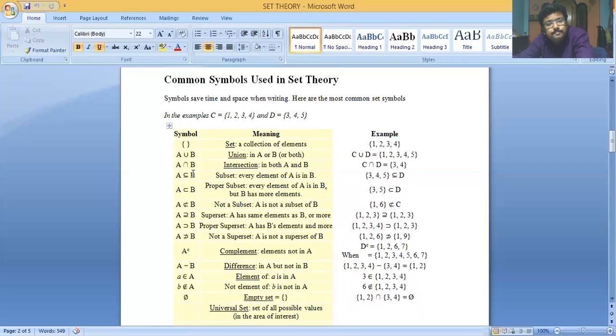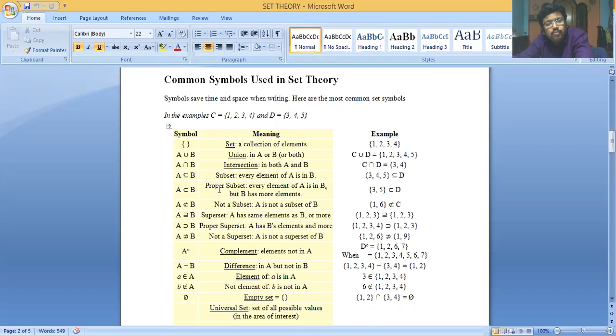Now this symbol represents the subset symbol. So what is a subset?